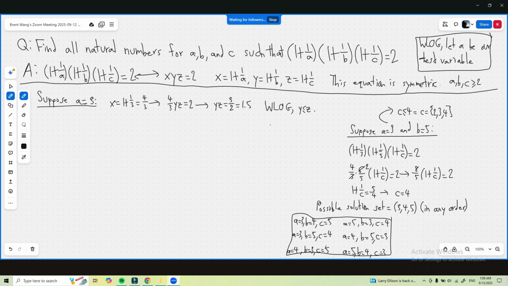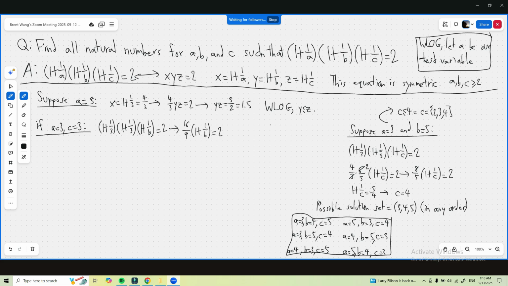Okay, now we've tested if C was to equal 4. Now let's see if A and C were both equal to 3, what would happen. Then you'd have (1 plus 1 over 3)(1 plus 1 over 3)(1 plus 1 over B) equals 2. So 4 over 3 times 4 over 3 is 16 over 9, times (1 plus 1 over B) equals 2.